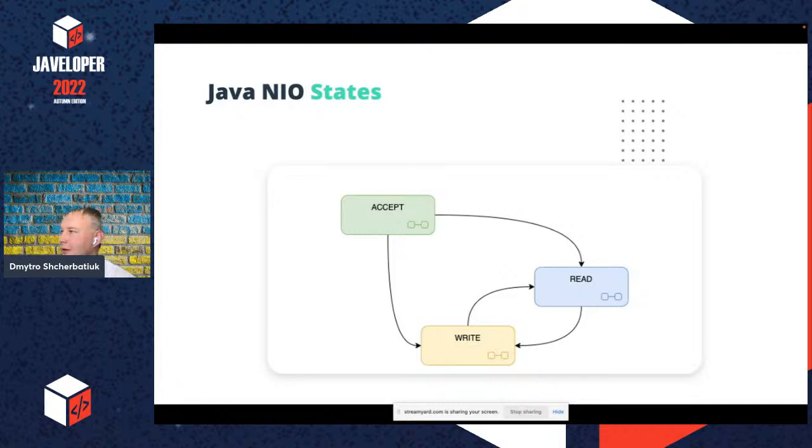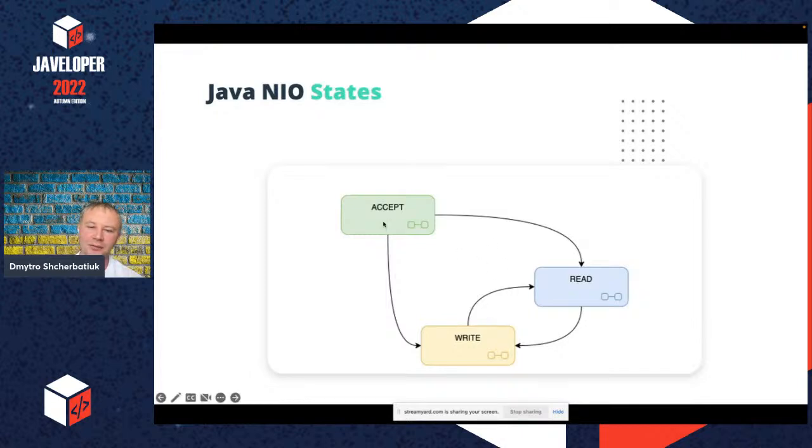For example, if we take a look at an HTTP server, the HTTP server registers to listen to the accept event. If an HTTP client connects to our server, the accept event is invoked. And then we register our new connection.